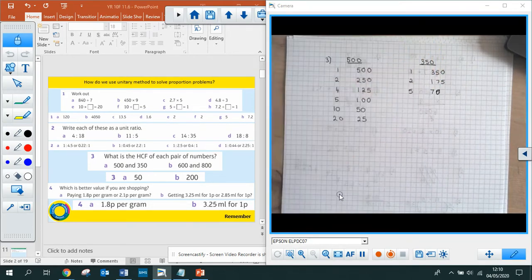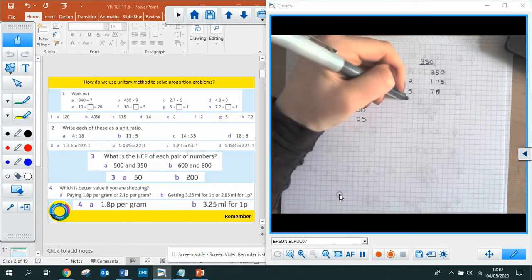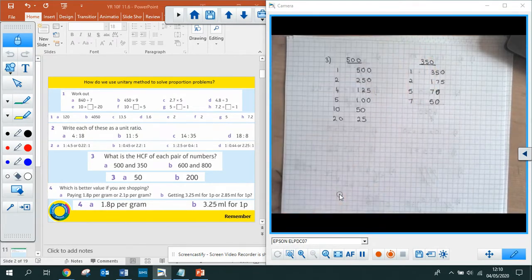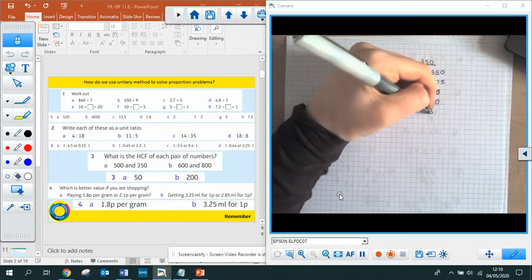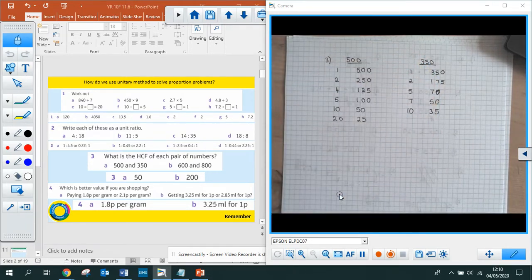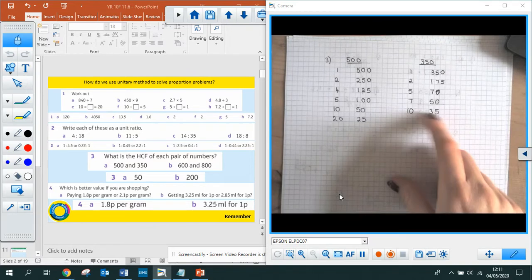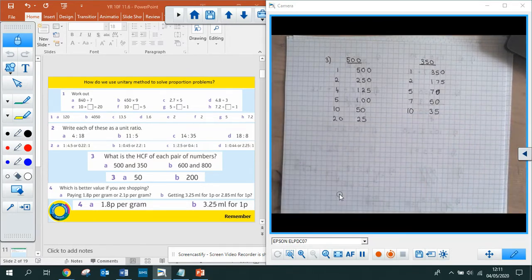Oh, 5 and 70, not 5 and 75. 6 then isn't a factor. 7 is a factor. It'll be 7 and 50. 8 isn't, 9 isn't, 10 is. 10 and 35. And then there's nothing else in between 10 and 35 that would be a factor. Okay, so they're all your factors there.